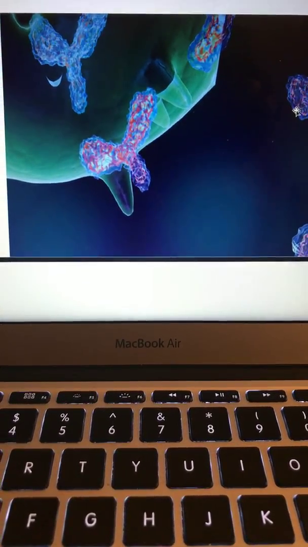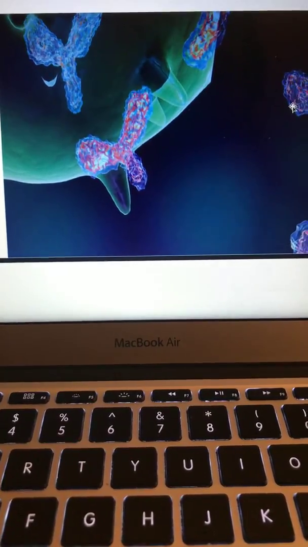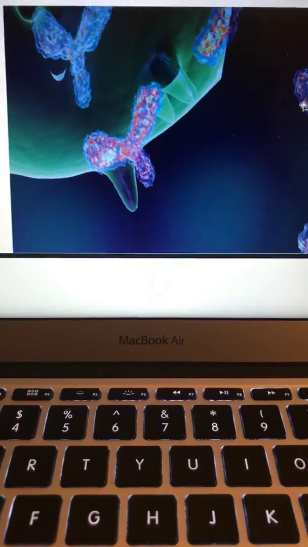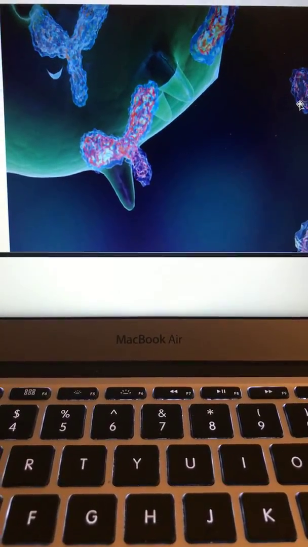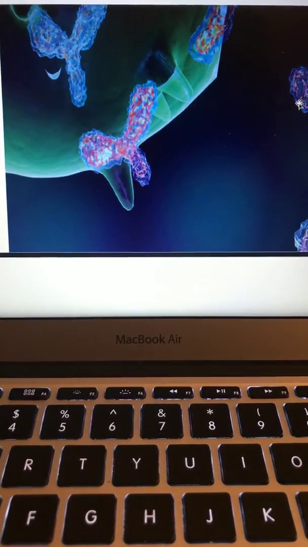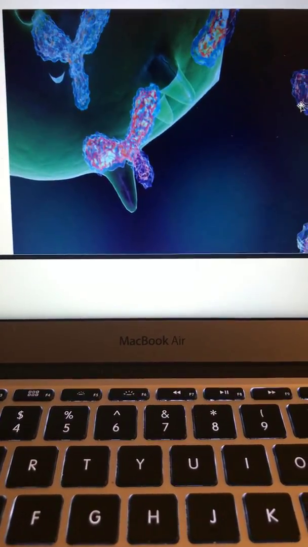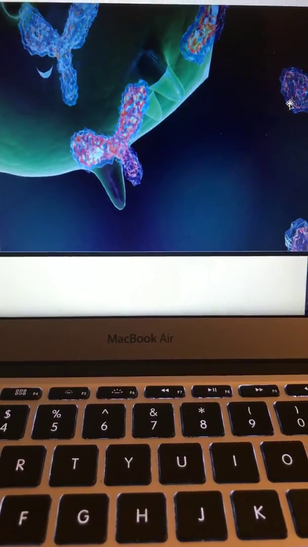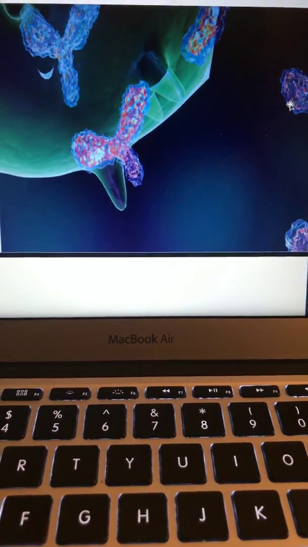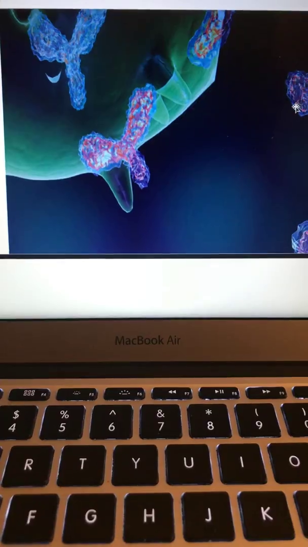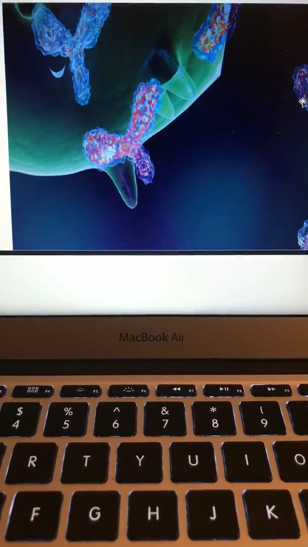The second key feature that I'll point out is diversity. Diversity is that antibodies are against a variety of antigens that already exist in the body.